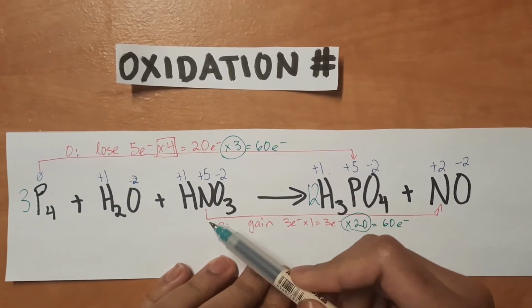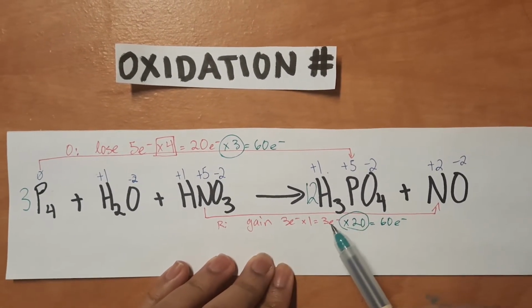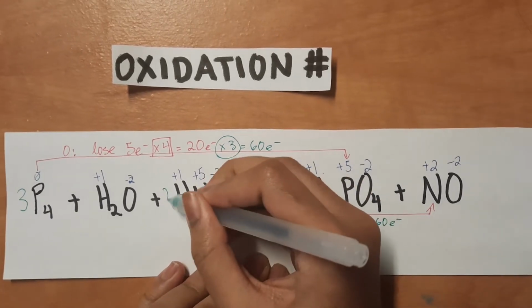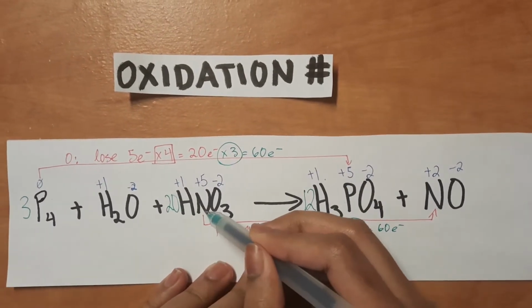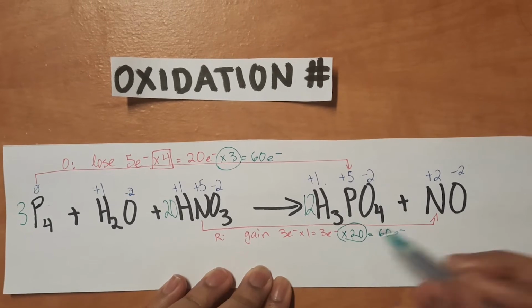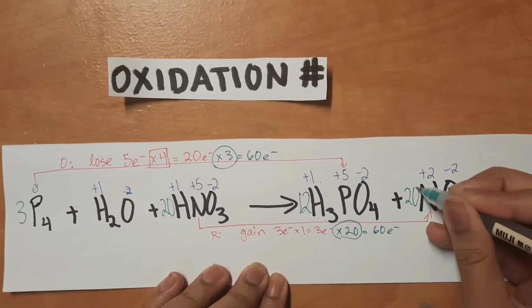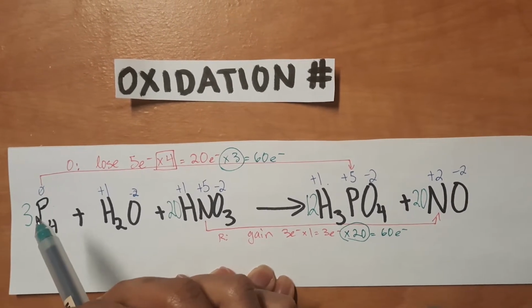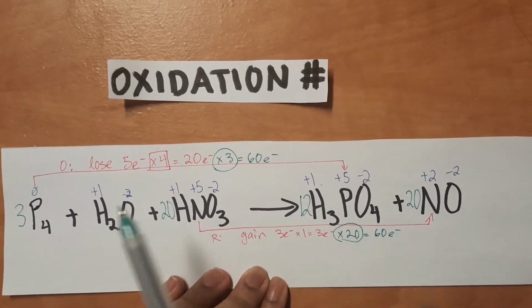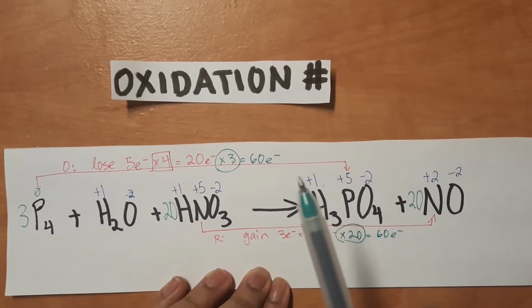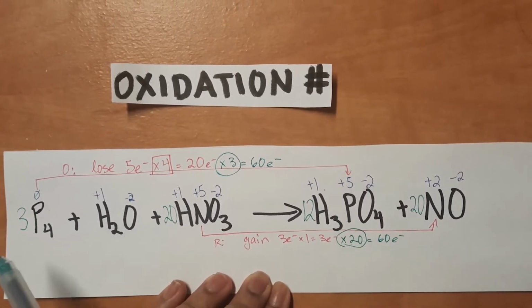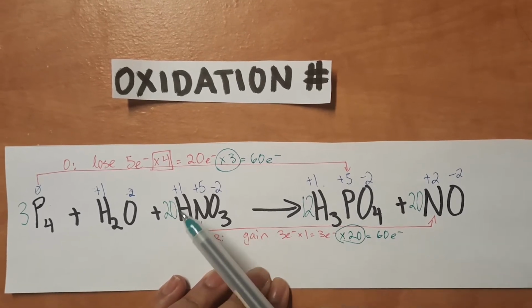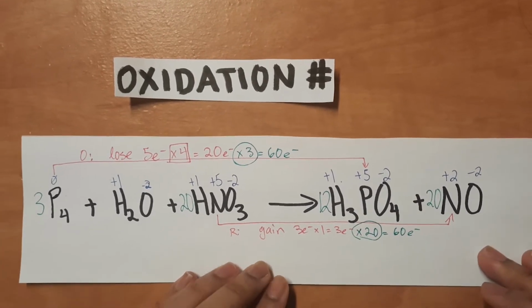Moving on to the nitrogen, there's only one multiplier, which is 20. So we add 20 here, 20 nitrogen, we need 20 nitrogen there. So yeah, we are adding the same multiplier to both sides. So now our atoms that are not hydrogen or oxygen are balanced. 12 phosphorus, 20 nitrogen, 20 nitrogen.